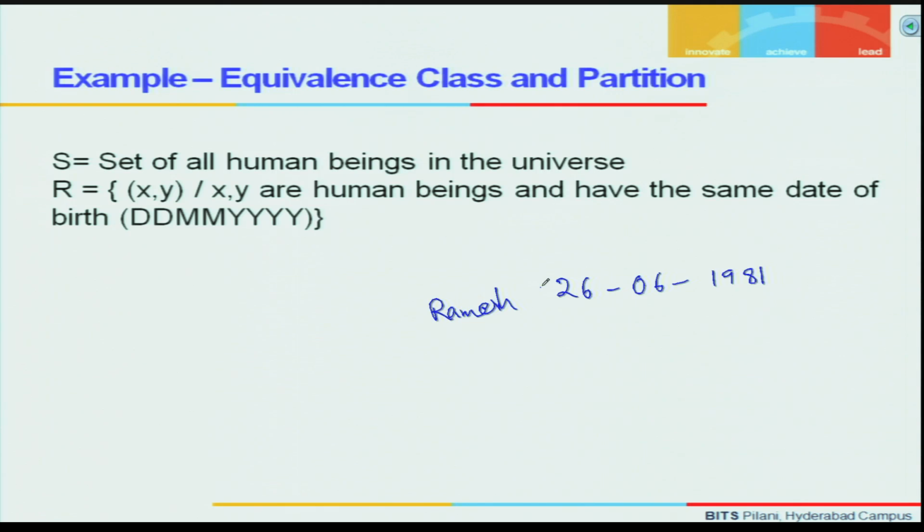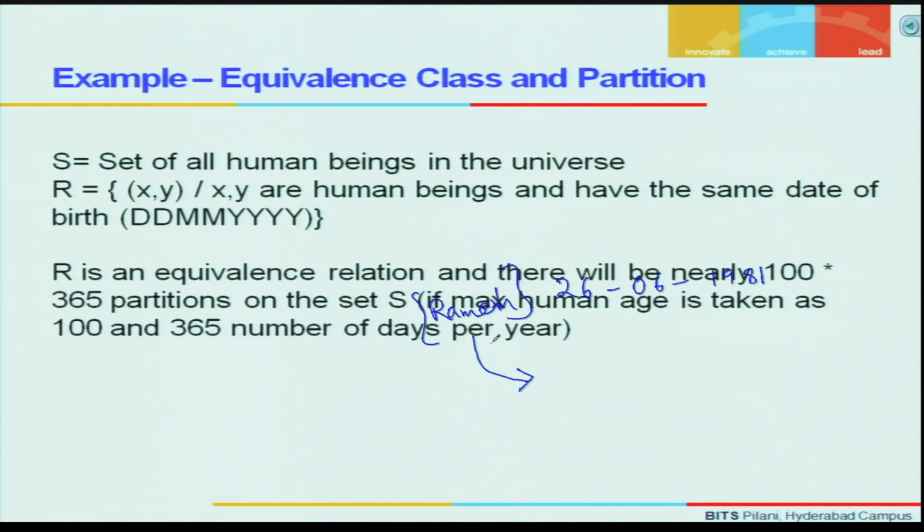The equivalence class of Ramesh tells us what? All the human beings who were born on this date are going to be in this equivalence class, isn't it? So all the people in this particular equivalence class have the same date of birth. You take any two of them, they are equivalent with respect to this particular property. So if you roughly take the maximum human age as 100, and 365 days on average, more or less you will have 100 into 365 partitions.